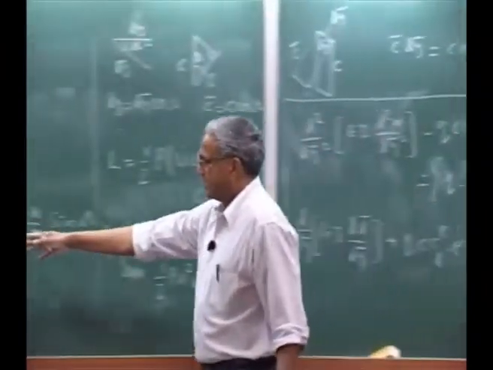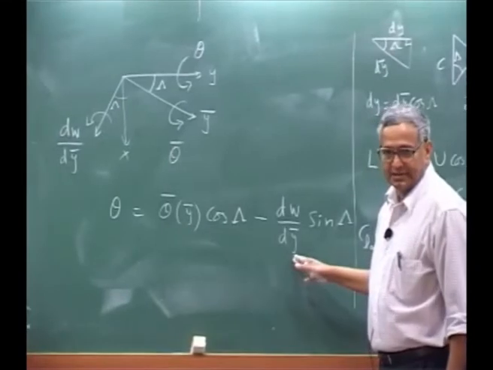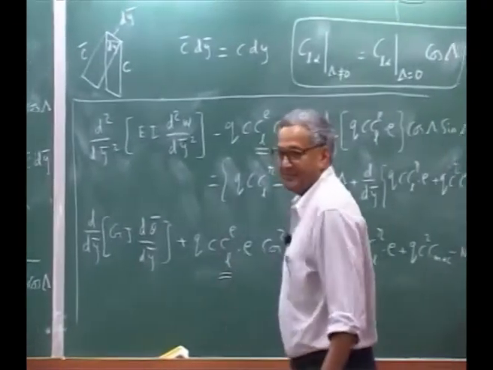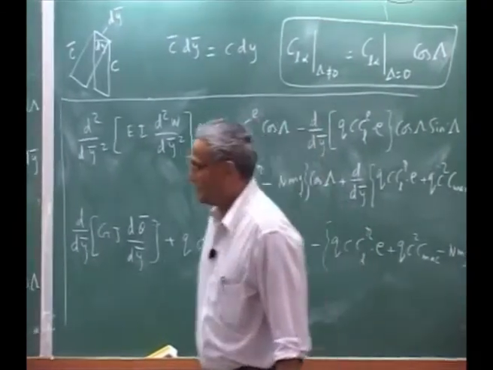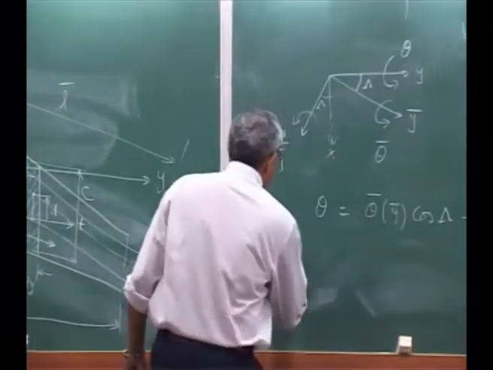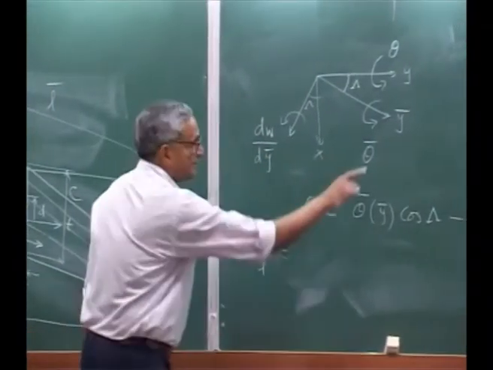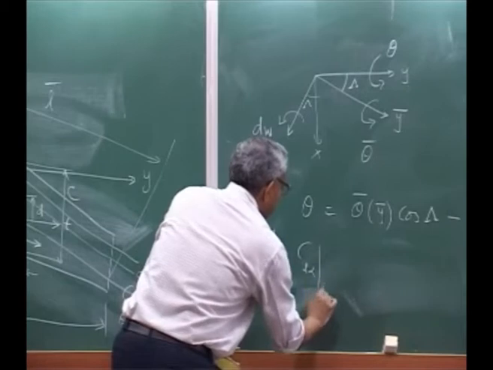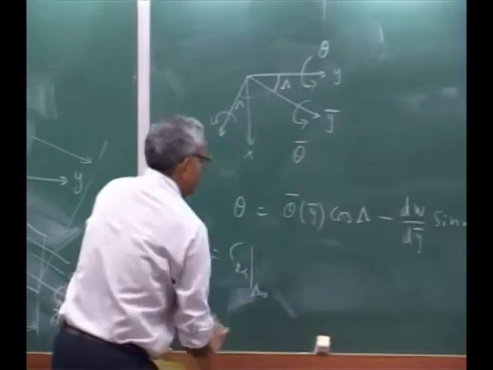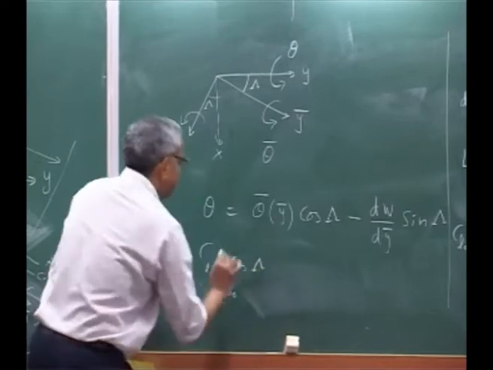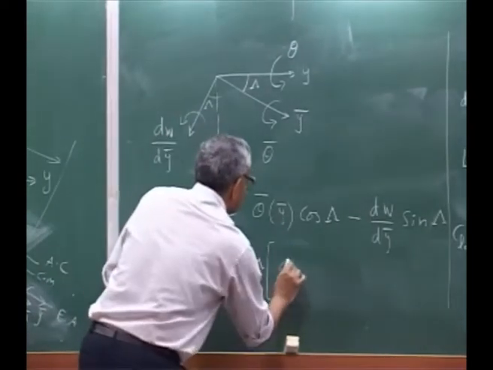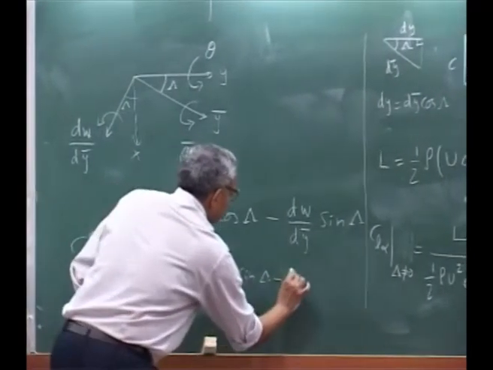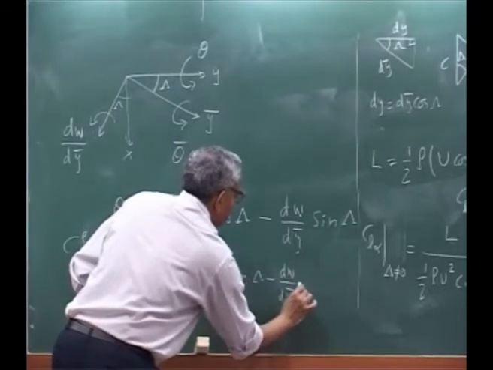You go back and write, I know my theta. So in this equation, wherever you have CLE, you will write CLE as CL alpha for lambda equal to 0, cosine lambda, times this factor: theta cos lambda, sine lambda minus dw by dy bar, sine.